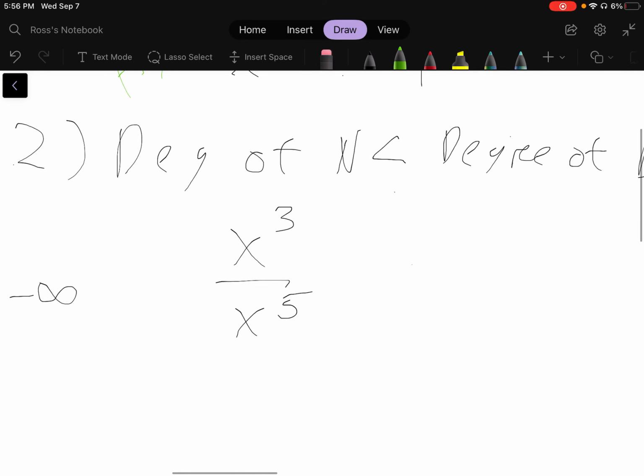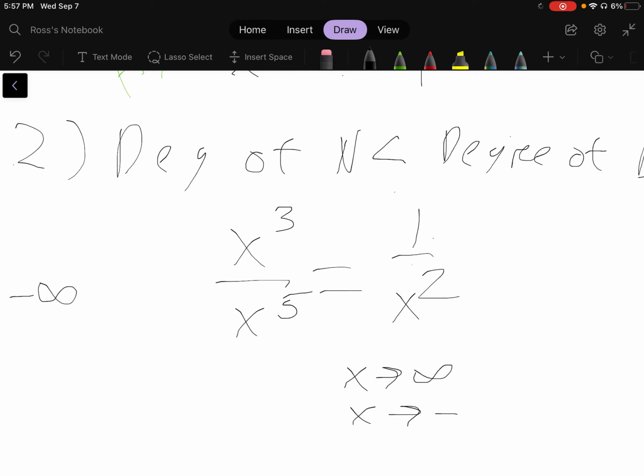In circumstance two, let's look at the function first. If I were to simplify this, it's the same as 1 over x squared. So what's going to happen to this function as x goes to infinity or negative infinity?